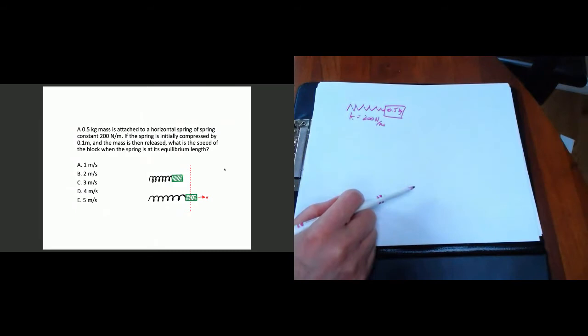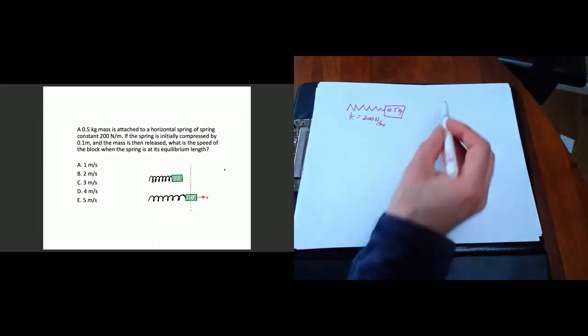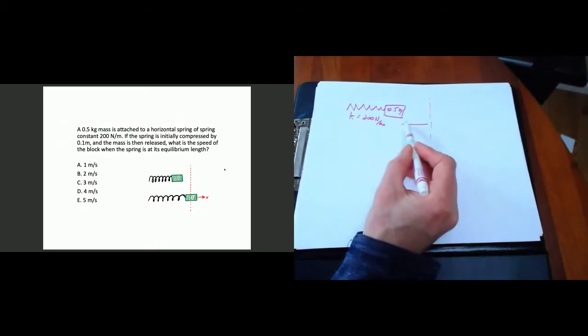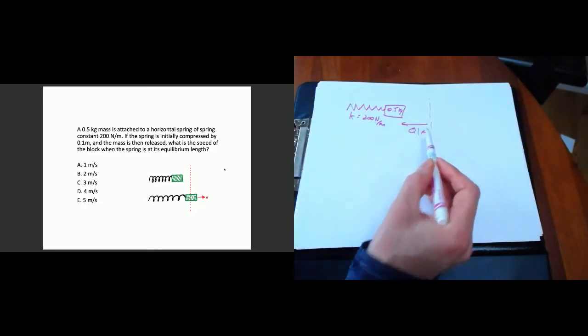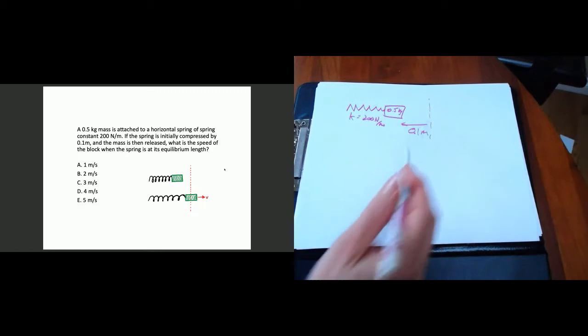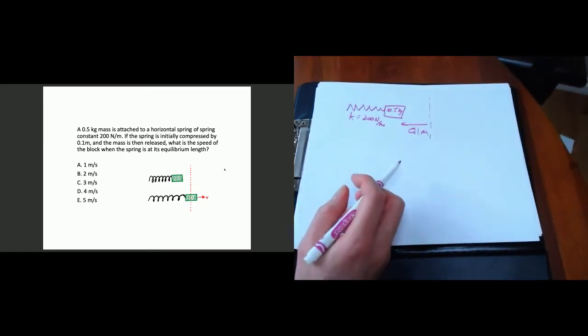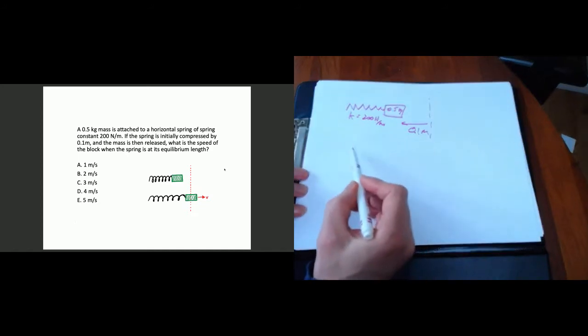And if the spring is initially compressed by 0.1 meters, so apparently it's 0.1 meters from the equilibrium position, what we want to know is when the mass is released, what is the speed of the block when the spring is at its equilibrium length?